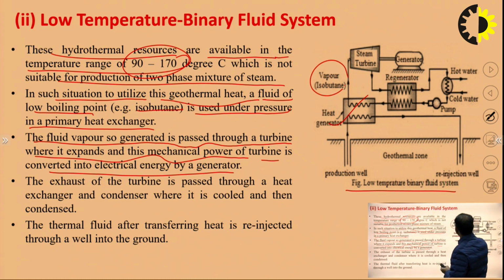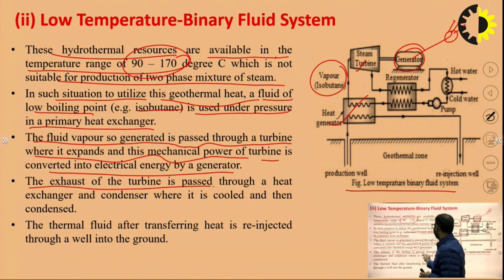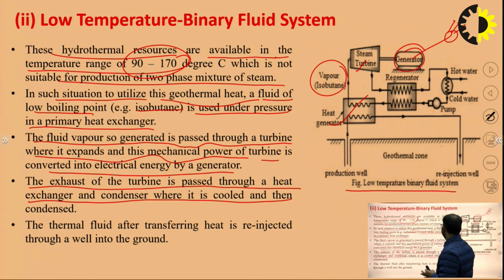So this isobutane vapor is sent to this turbine, which is coupled with this electric generator, and this electric generator produces the electrical energy.